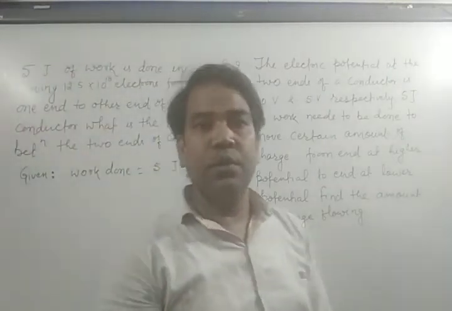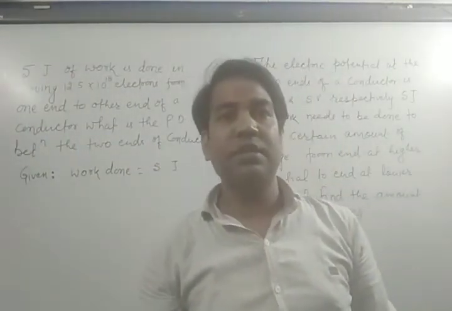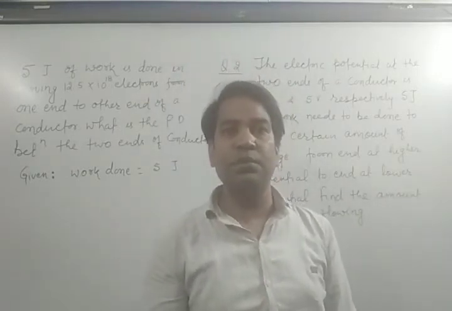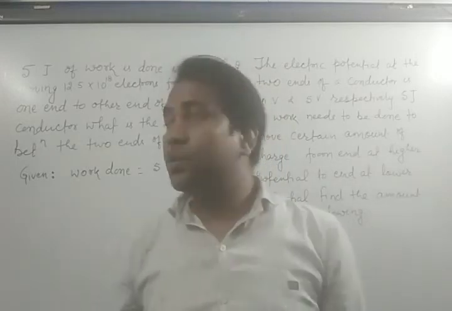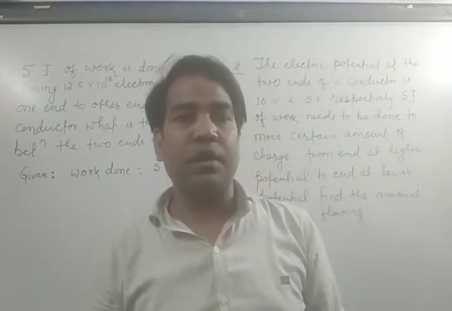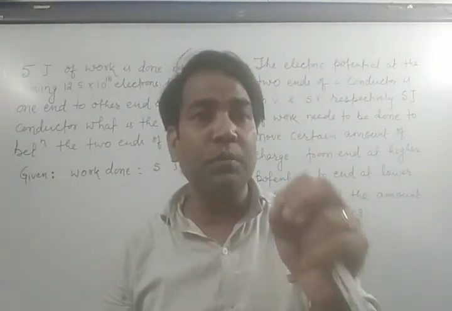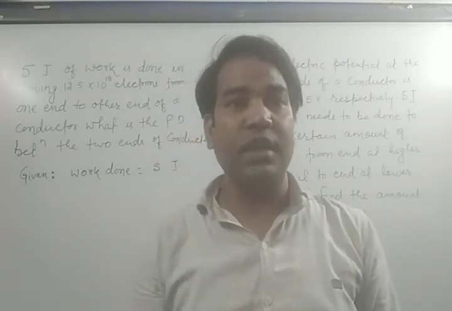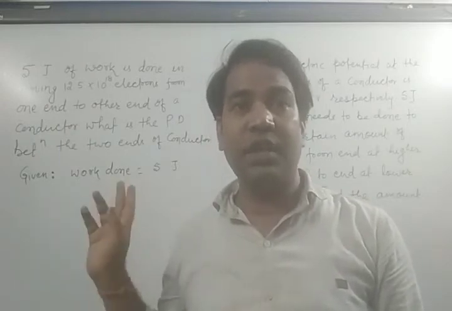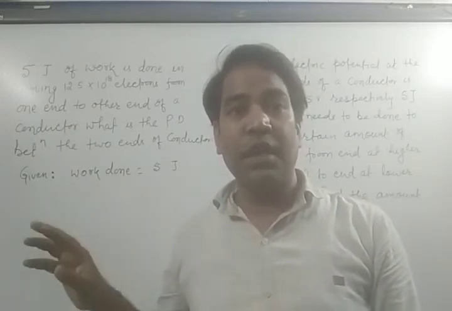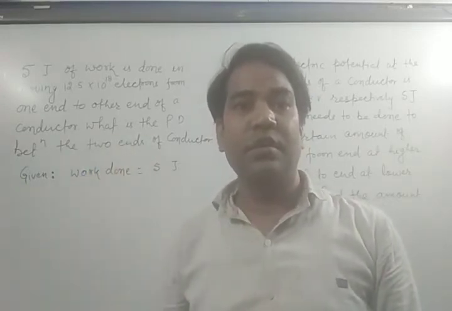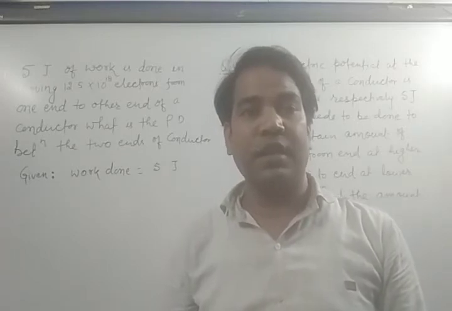We know that 1 coulomb of charge consists of 6.25 into 10 to the power 18 electrons. So it is 12.5 into 10 to the power 18 electrons. It means that 2 coulomb of charge is flowing in the conductor. So this is hidden in the question. It is not given directly that 2 coulomb of charge is flowing. It is given that 12.5 into 10 to the power 18 electrons are flowing in the conductor.